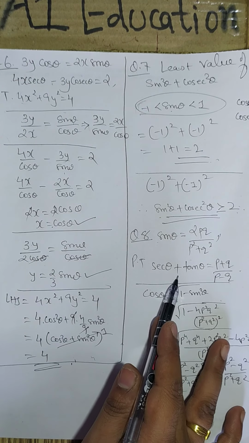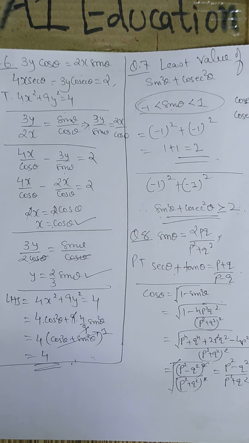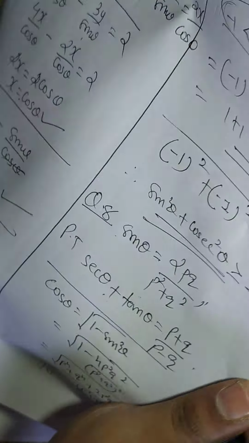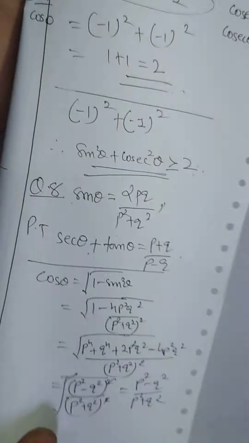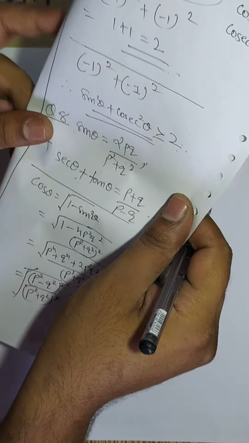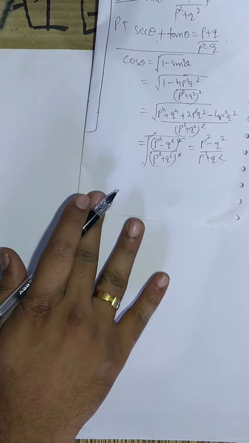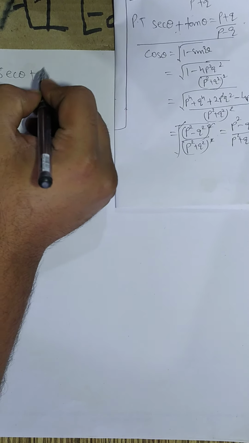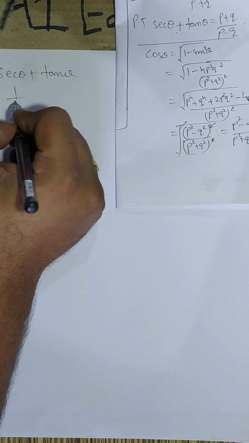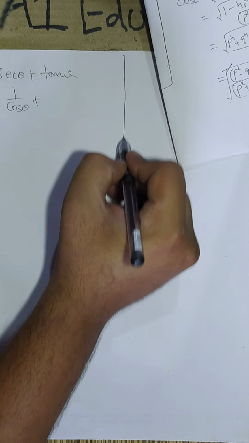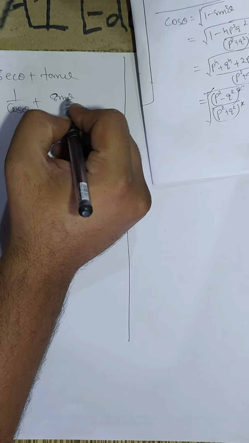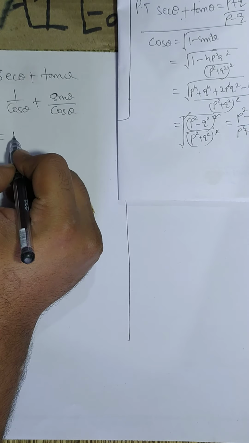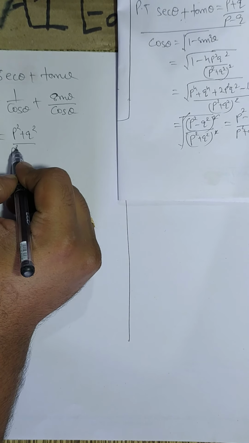Now utilizing these values of sin theta and cos theta in this proof, taking the left hand side of the equation, sec theta plus tan theta, that is 1 upon cos theta plus sin theta upon cos theta. The value of cos theta we have found out here, so 1 upon cos theta will be p square plus q square upon p square minus q square.